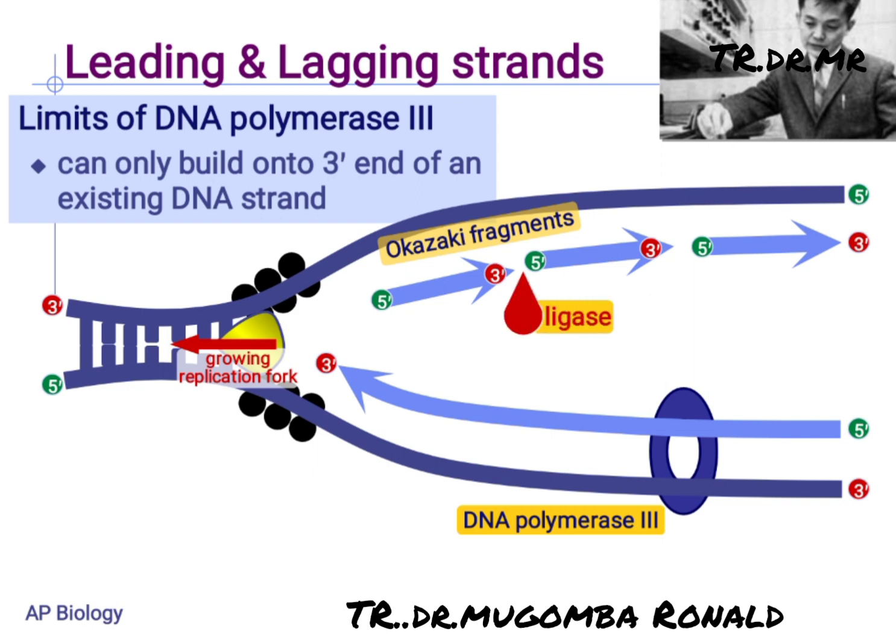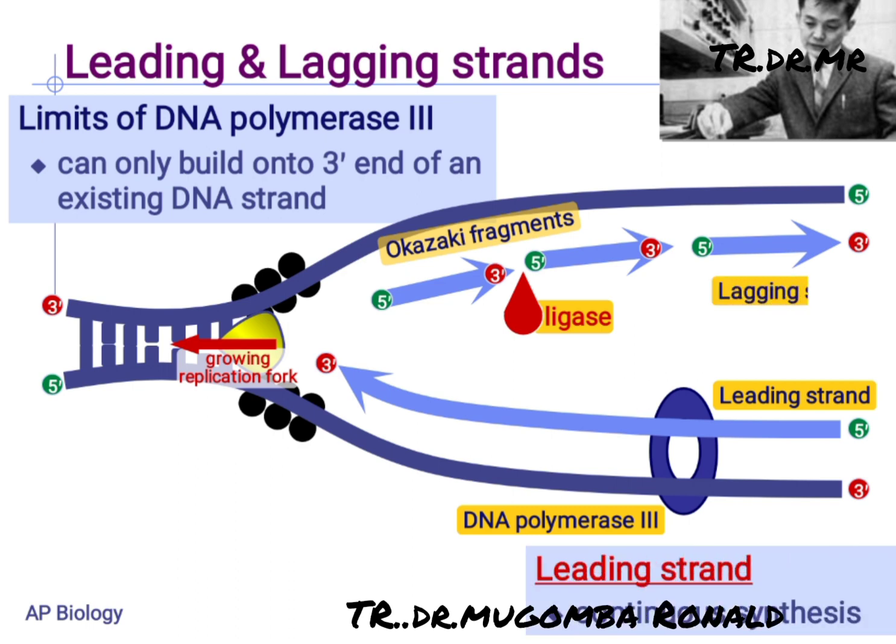When you look at Okazaki fragments, they are rejoined again. We first use enzymes that slice out the RNA primers. After they have sliced them out, ligase comes in to join those Okazaki fragments to form a continuous DNA strand.